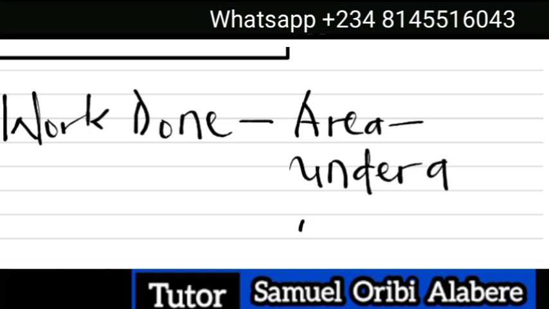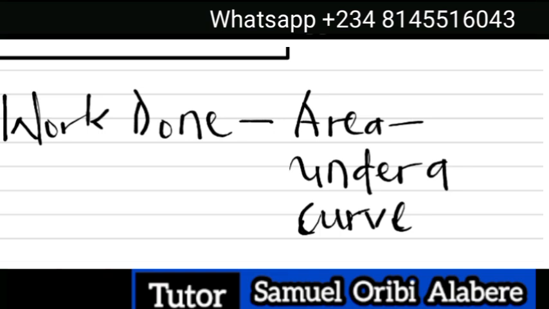This is to simply say that the work done is equal to the area under a curve when we are trying to interpret the work done of a system using a graphical method or using our graph.